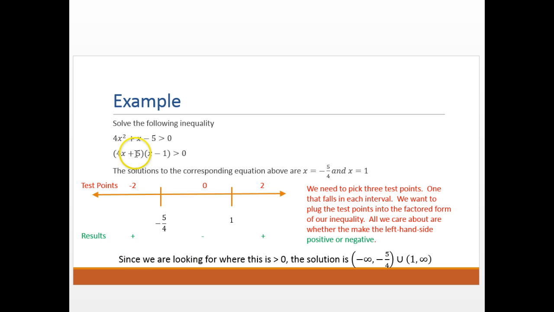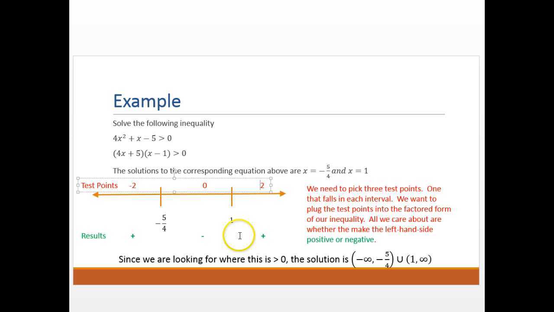Let's plug in 0. This becomes a positive 5 times negative 1. A positive times a negative is a negative. So everything in between negative 5/4 and 1 yields a negative answer. Let's plug in 2. 4 times 2 plus 5 is a positive number. 2 minus 1 is a positive number.